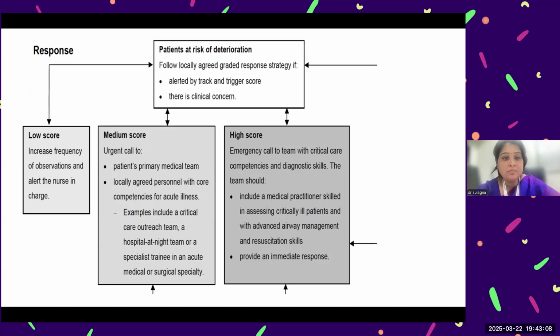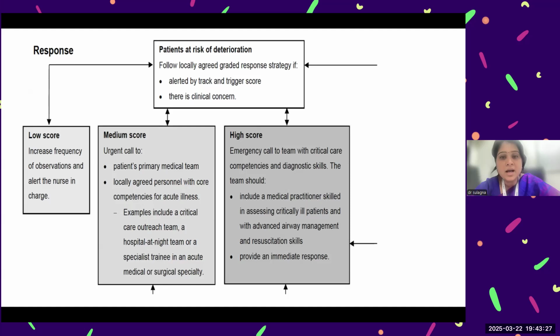If the score is medium, then the primary medical team of the patient should be informed and called for. And also specialized teams like the critical care outreach team should be contacted in case there is a need for any intervention.